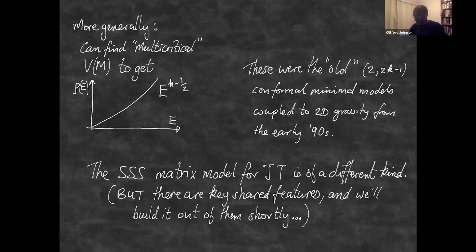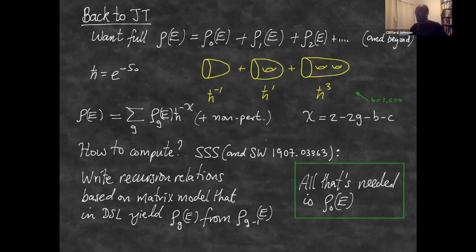So a lot of what I've been thinking about in the last several months has been the idea that if I can build the Triple S matrix model out of these old minimal models for which I have a good understanding of the non-perturbative physics, then I can get at the non-perturbative physics of the Triple S matrix model, and hence JT gravity.